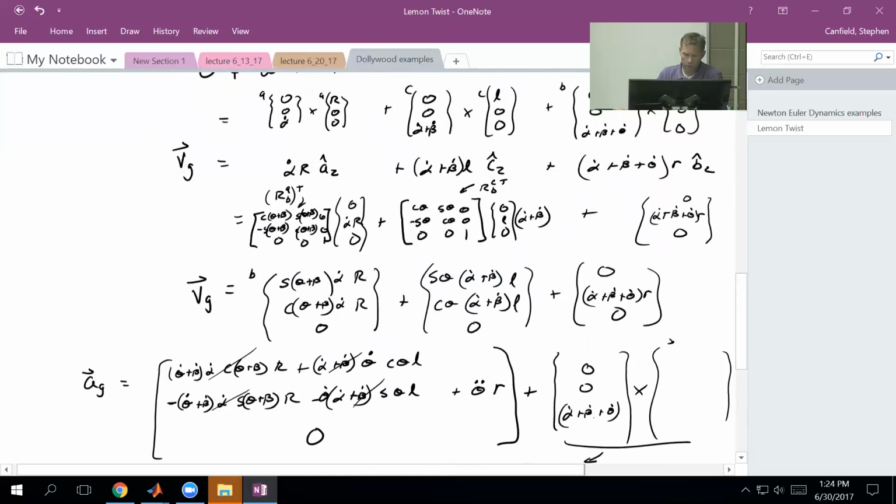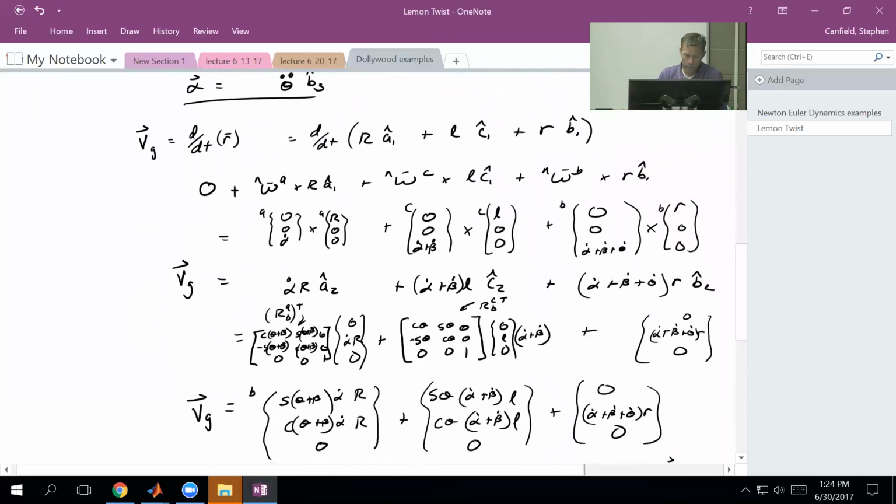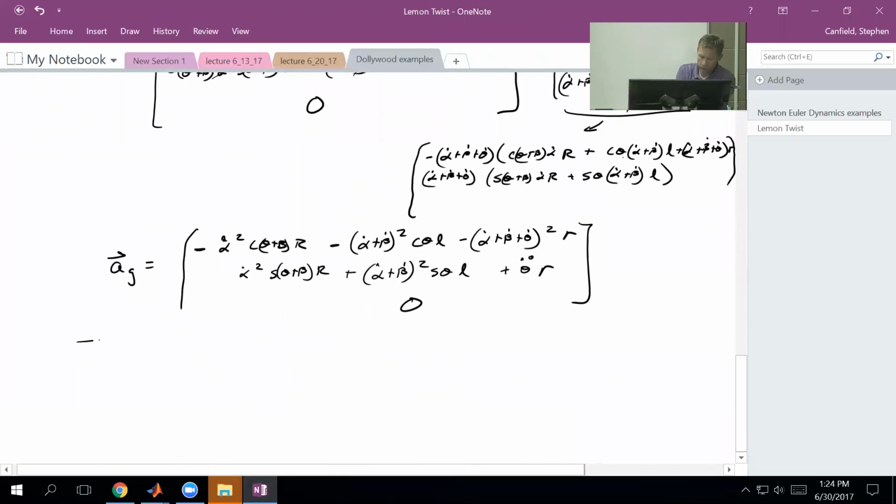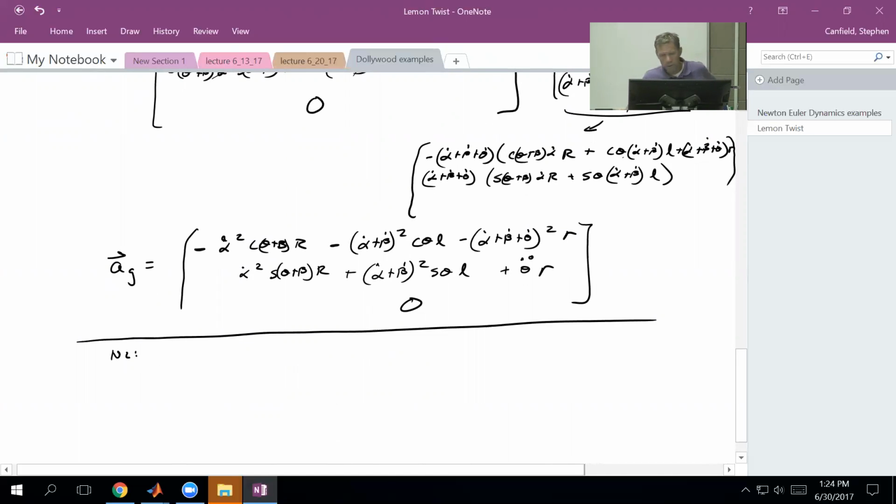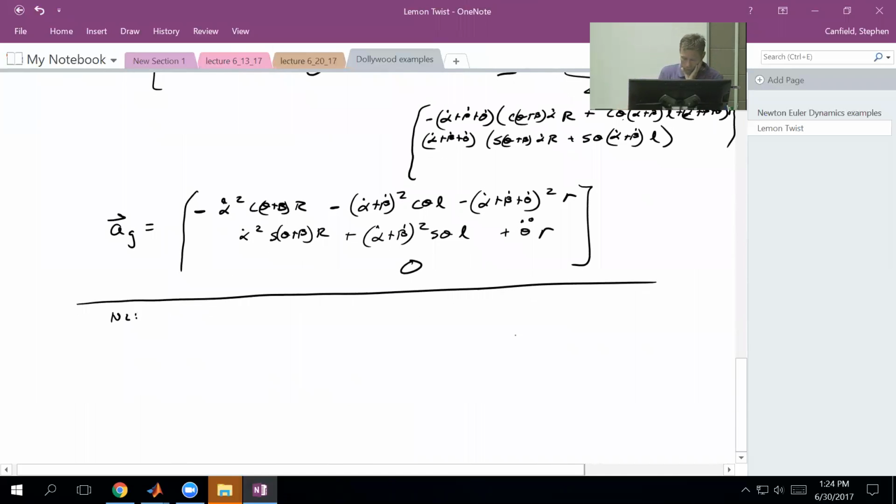Okay, so I've completed my angular velocity, my angular acceleration. Now I'm ready to write my equations. So first we'll write Newton. Well, first let's do what we should have done way back, which was create a free body diagram of our teacup. So we'll do it now.